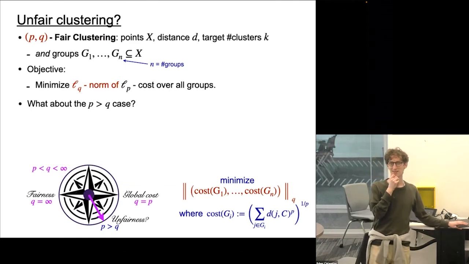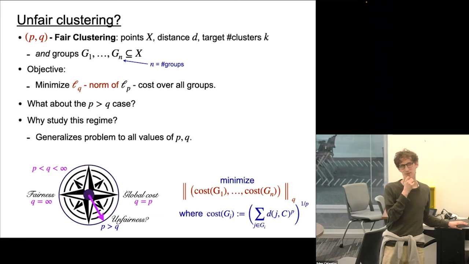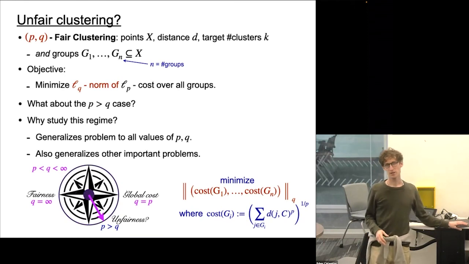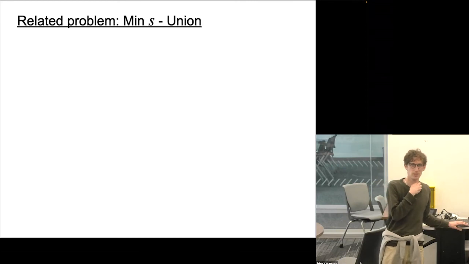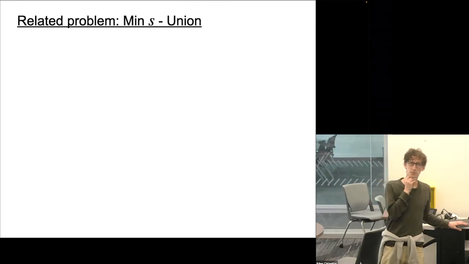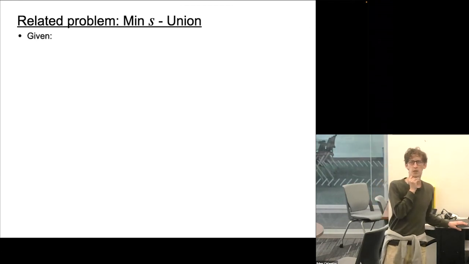So it seems like maybe a poorly motivated problem, but actually, first of all, it's a natural generalization of the mathematical definition, but it also generalizes other very basic problems. So here's one quick example, which I will run through somewhat quickly: this min S union problem.